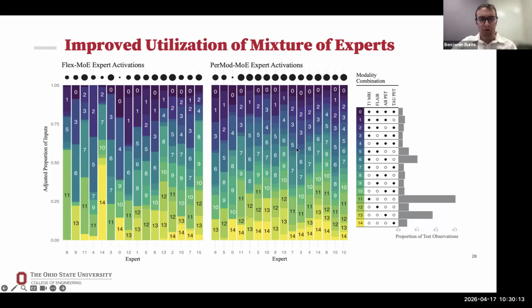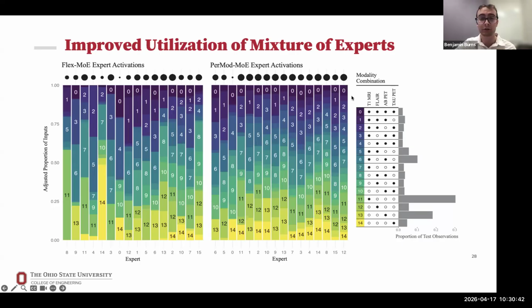And also, I'll note that our method appears to, on average, have a more diverse distribution of inputs being routed to each of the experts. We can see this by the higher entropy of the experts in our method compared to the FlexMOE method. And still, even though we have a more diverse range of inputs being routed to each expert, we still maintain some degree of that modality combination specialization that's conditioned.